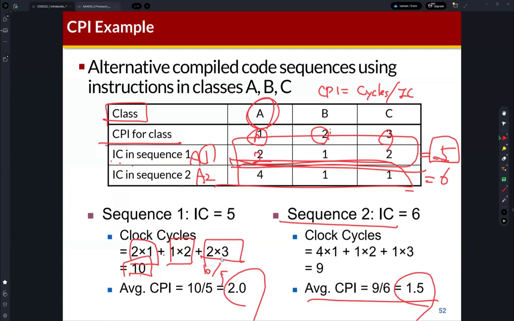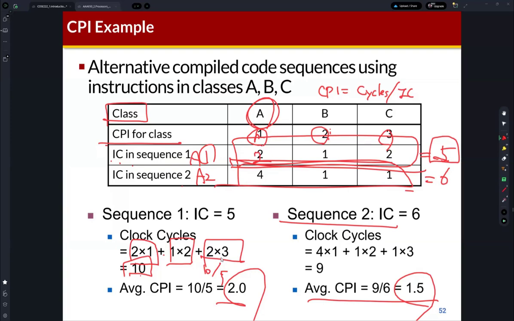So this example shows that the CPI can be different by applications, as software. So why did I explain this? It's actually obvious, okay? Because as I mentioned, applications exhibit different fractions of instruction classes. That's why the CPI can be different by applications.